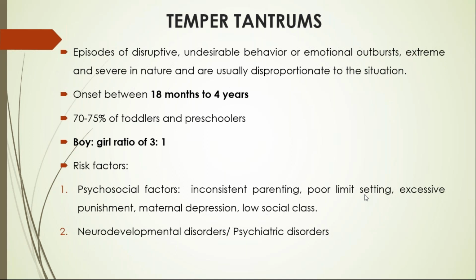Either you pampered the child too much that he has never heard a no, or you punish him too much, or there is a problem in the family. There is inconsistent parenting, that one parent or family member just keeps pampering the child and listens to every other thing that he says. So all these contribute to temper tantrums. Also, there are certain psychiatric and neurodevelopmental disorders which can be underlying and be the cause for your temper tantrums, right?